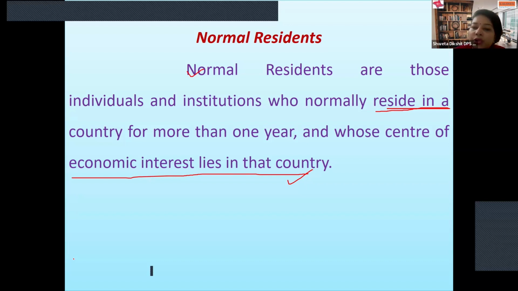They are here for a very short period of time. Even if they are living for more than a year, like a student completing the course for 5 years, but not having any economic interest in this country is the non-resident of this country.